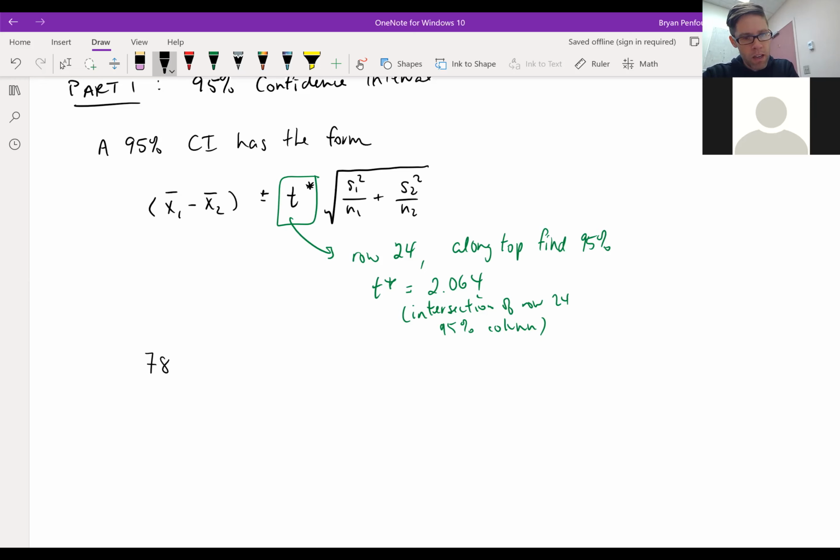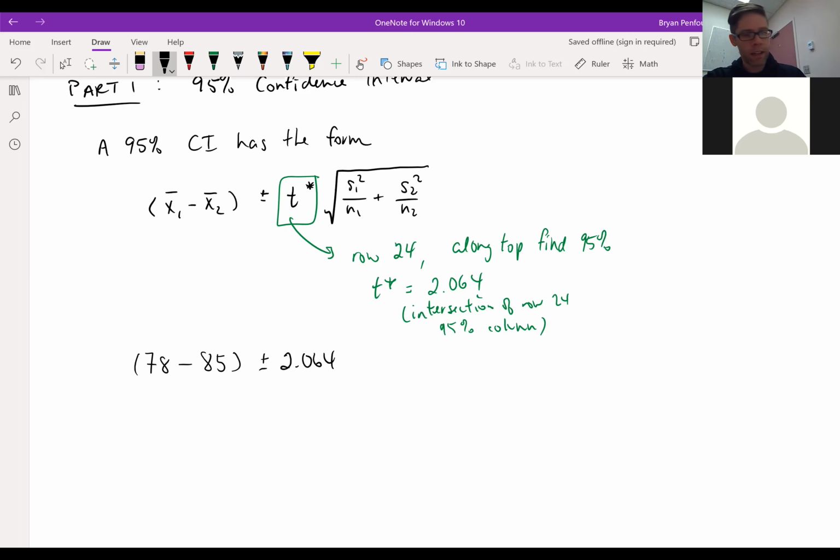So let's take the mean score 78, subtract the mean score of 85. And the reason I wanted to be a little careful is because we're going to get a negative number here. And I kind of wanted this number to be positive, but it should still work out either way. We're going to get the mirror image of what we want here. And I'll explain that when we get there. So we'll multiply by our multiplier, 2.064.